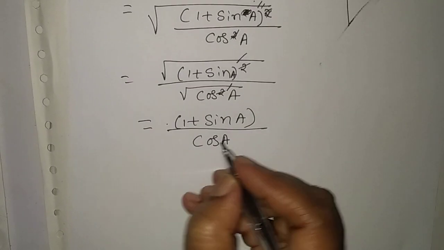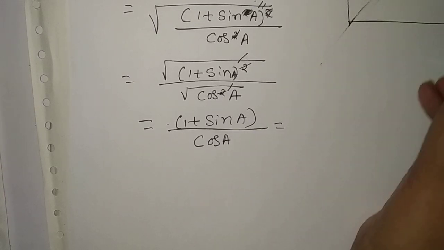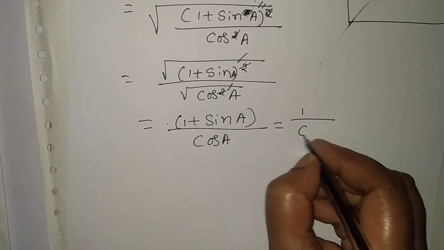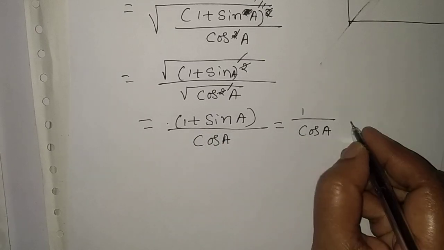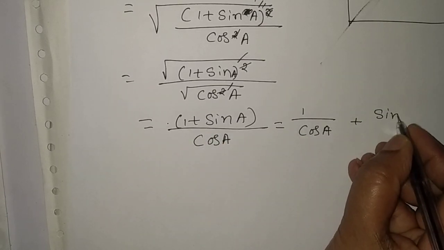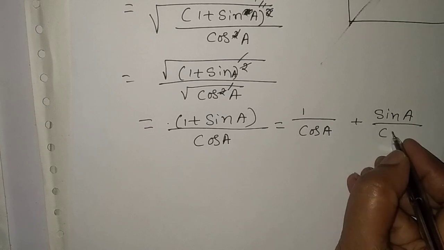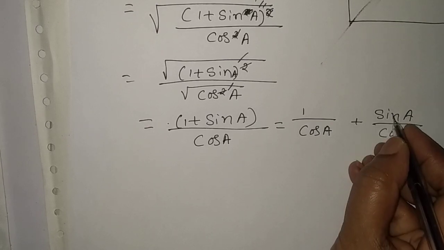Now we have to split this. Splitting, 1 by cos A plus sin A by cos A. Split this.